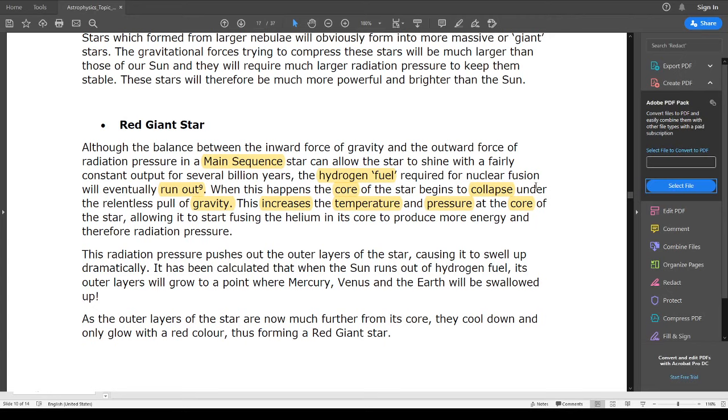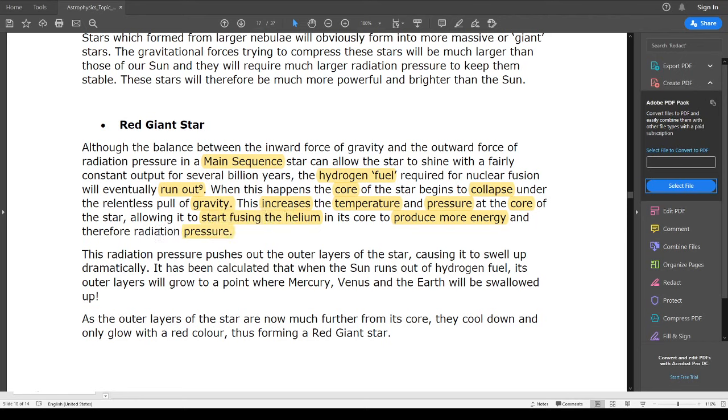So as there is more and more temperature and pressure, what will happen if temperature and pressure both increase? The star will now start fusing helium in its core to produce more energy and more radiation pressure, right?